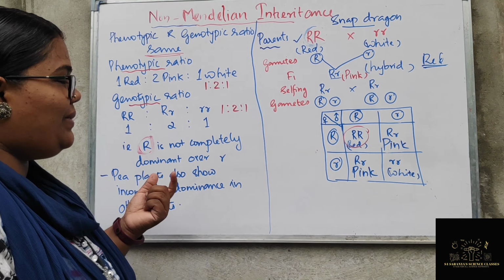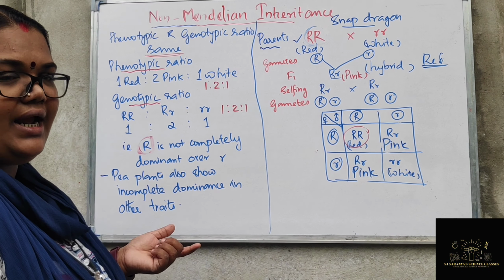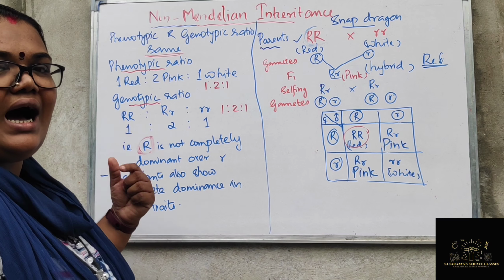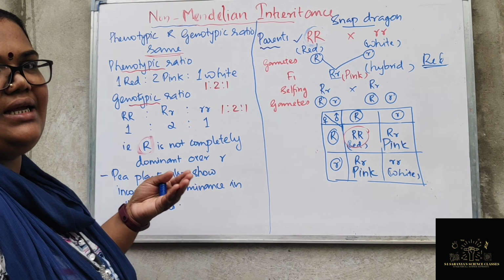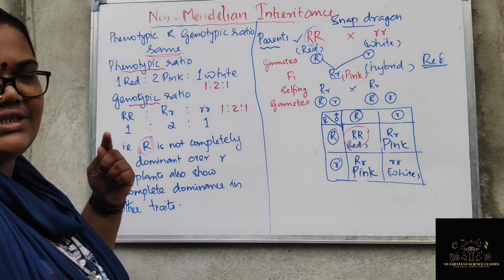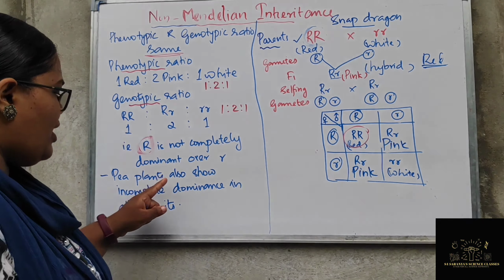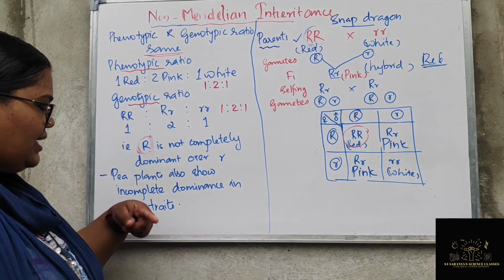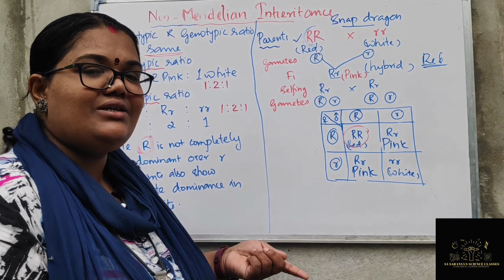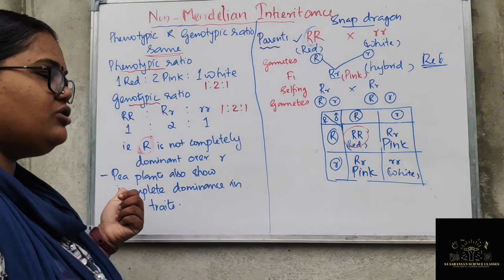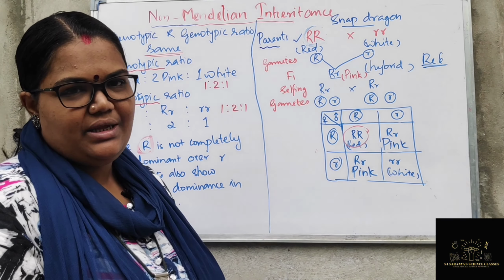Dominance is still there, but it's not completely dominant. Pea plant also actually shows incomplete dominance in some other traits. Not the 7 characters we learned, but in some other traits, pea plant will also show the same type of incomplete dominance.